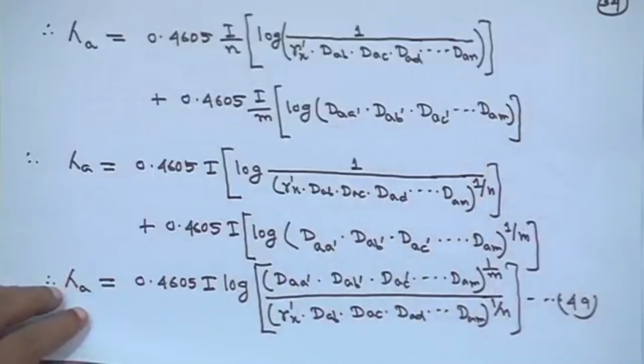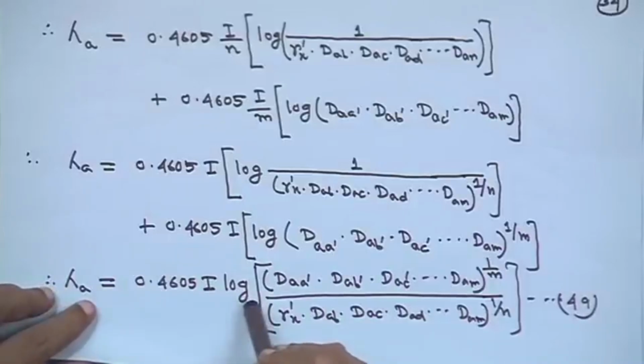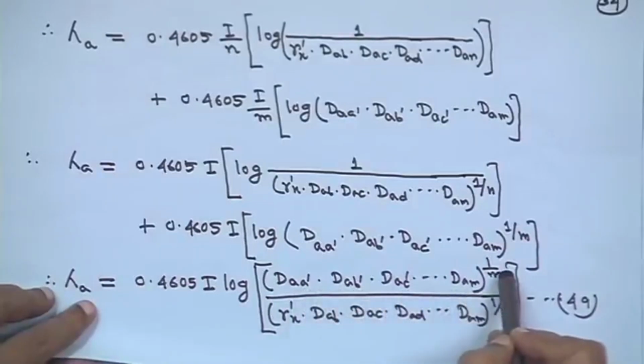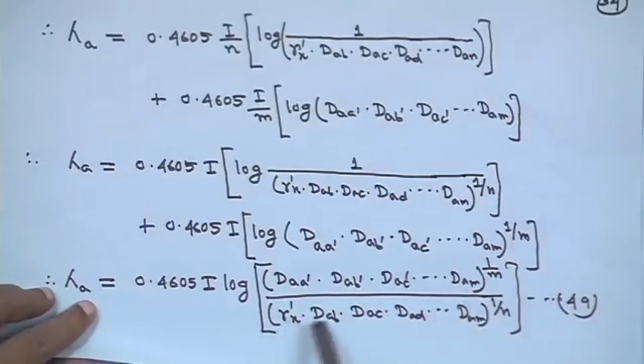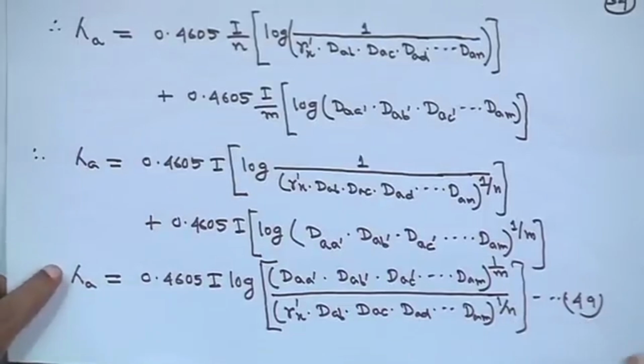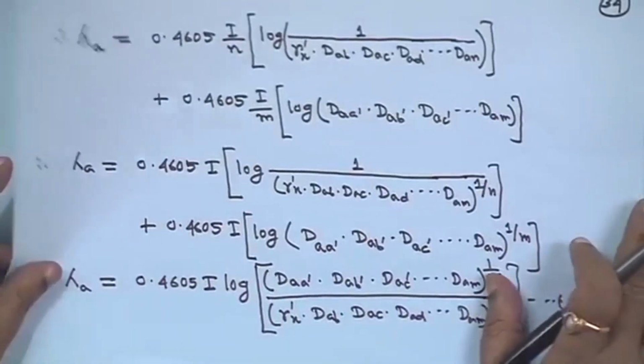Therefore it can be written as lambda a is equal to 0.4605 I log of daa dash into dab dash into dac dash up to dam dash to the power 1 upon m, divided by r x dash into dab into dac into dad up to dan to the power 1 upon n. This is equation 49. I think it is understandable to you.